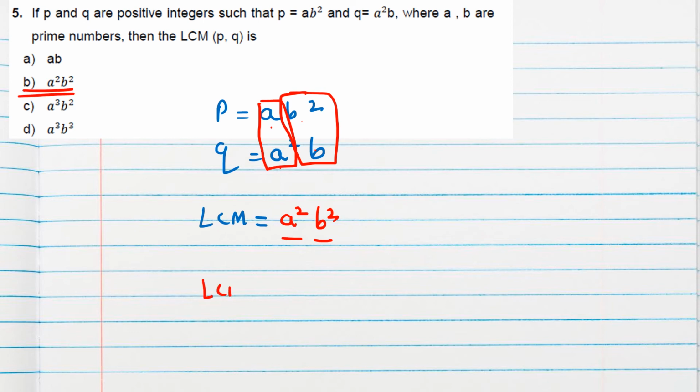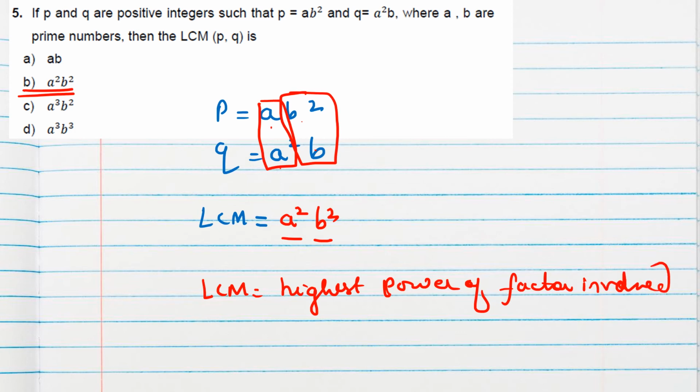Always remember, LCM is the highest power of the factors involved, and HCF is the lowest power of the common factors.